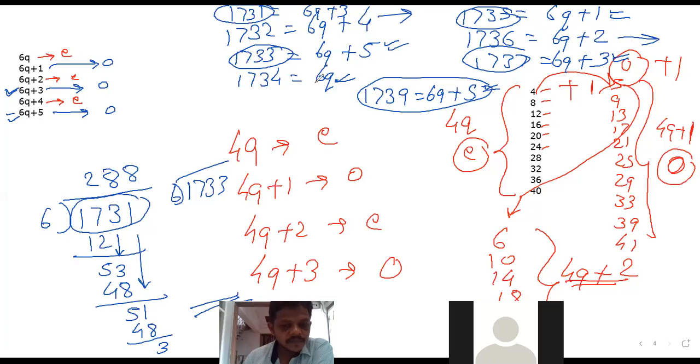Am I right? Yes. If I divide by 4, then even numbers will be 4q and 4q plus 2. Odd numbers will be 4q plus 1 and 4q plus 3. Yes or no? Yes, sir.